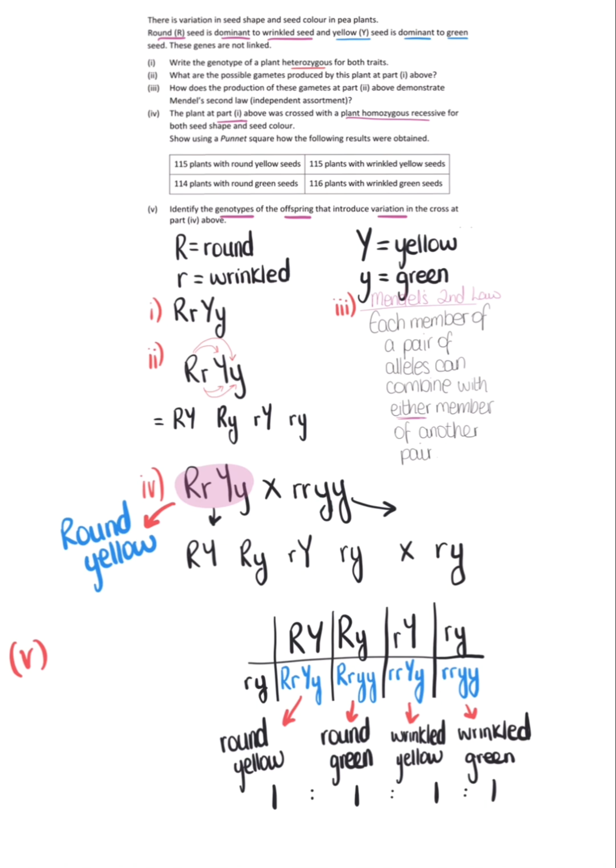And then the second parent plant, small o, small y, is going to be wrinkled and green. So to identify the offspring that introduce variation, the answers are going to be round and green, and wrinkled and yellow. And those are the answers because neither parent was round and green, nor wrinkled and yellow. So they're the ones that introduce variation in the offspring.